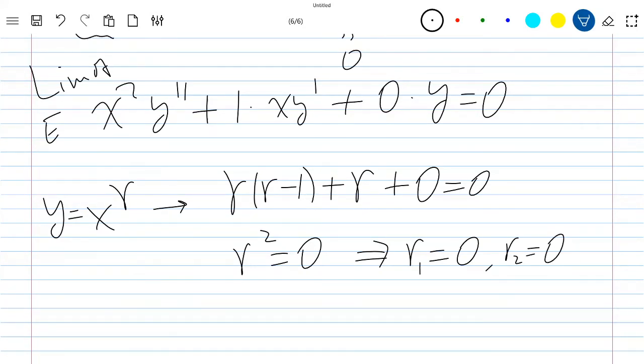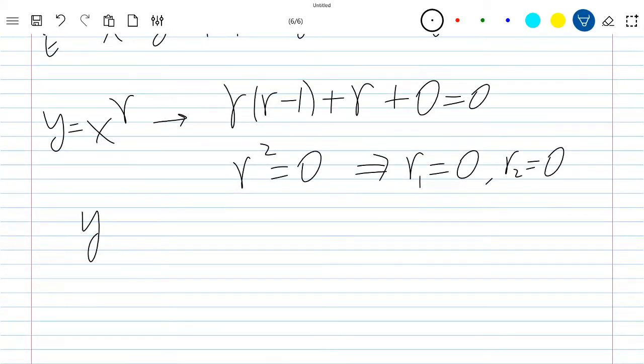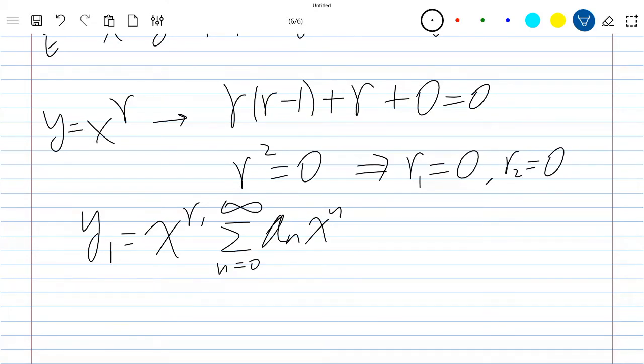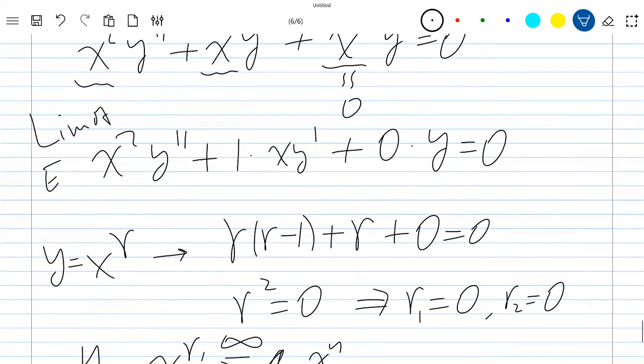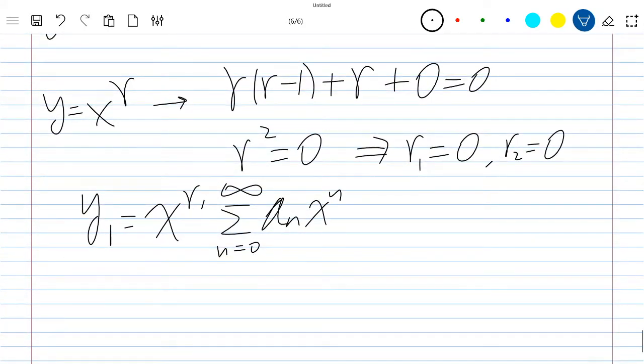Well, what does that mean? It means you can have y1 equals x to the r1 times the sum of a_n x to the n. And unfortunately, y2 would have the same form. Well, that's a little bit different from what I tried to show, but it's similar.